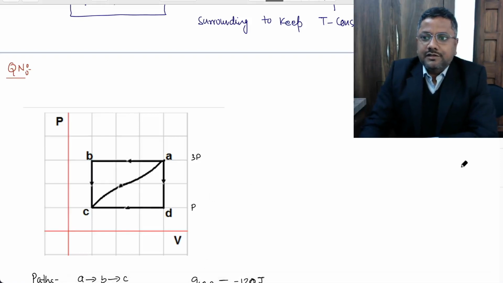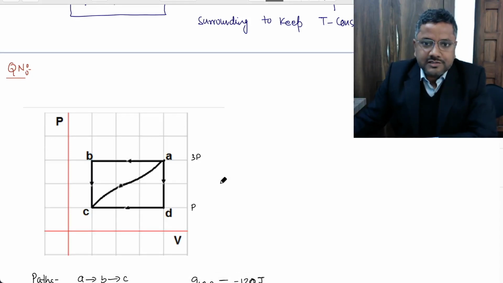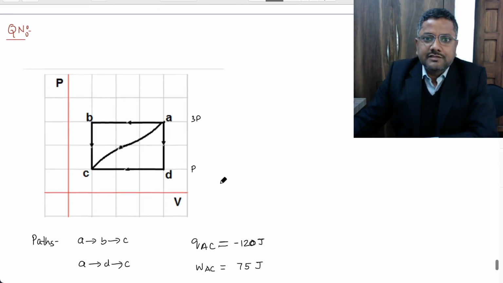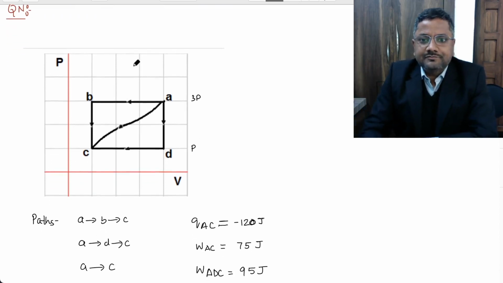Well, dear friends, let's do some questions to practice what we have developed in our concept, how to apply those concepts. There is a PV plot given here, and regarding P and V, we have only information regarding P. We don't know what this volume V is. Only at this point pressure is given as 3P, and at this point pressure is P. Similarly here also P, and here also 3P.